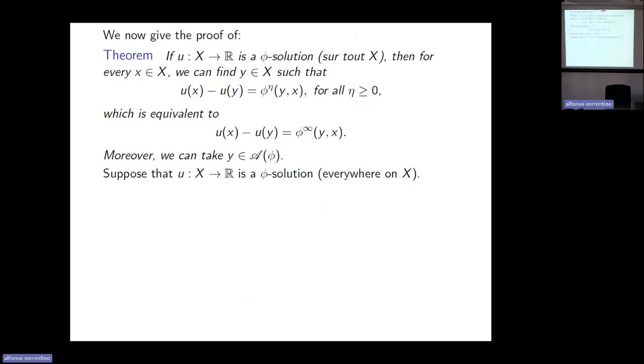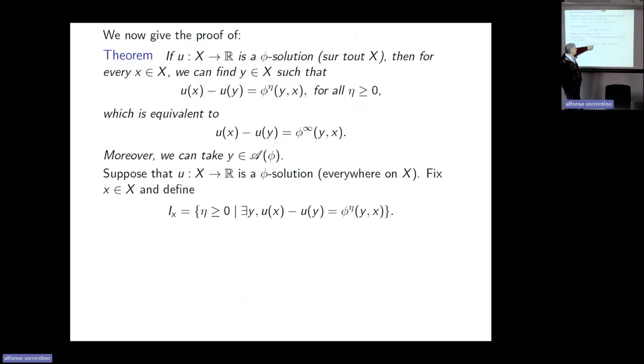So suppose you have a phi solution everywhere on x. Fix x, and you define Ix as the set of non-negative eta for which there exists a y such that ux minus uy is phi eta of yx.